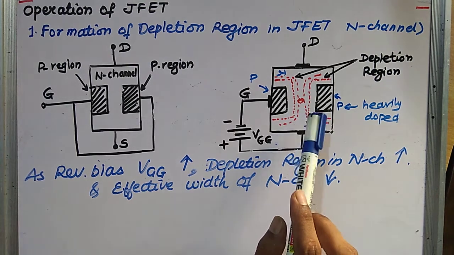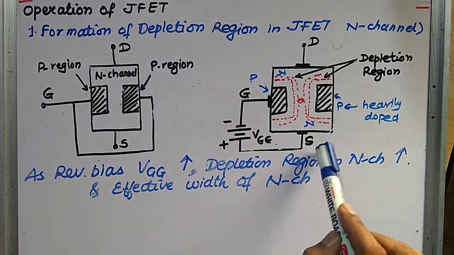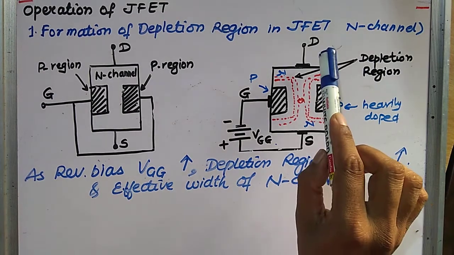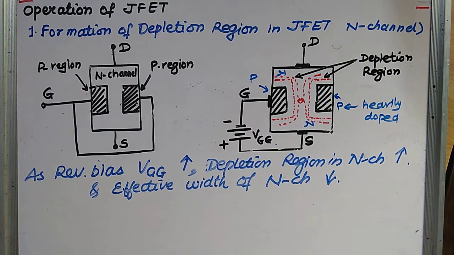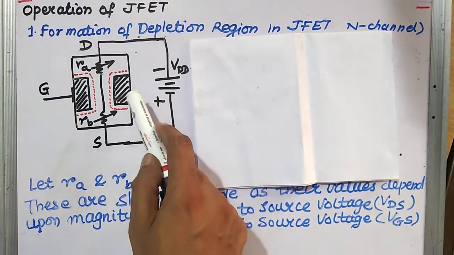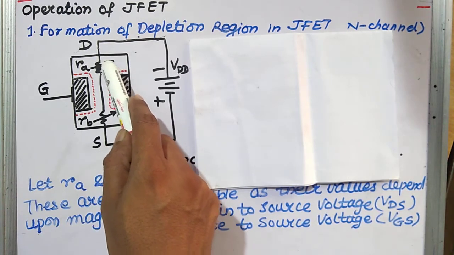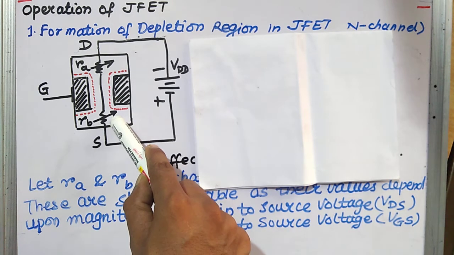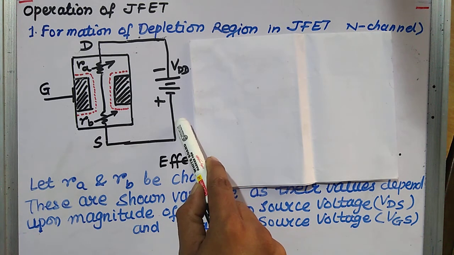The width of the depletion region that is increasing in the N channel can also be achieved by applying a voltage across the drain to source terminal. Now let us see how the depletion region changes by applying the voltage across the drain to source terminal. For that we will draw the next diagram. The values of resistances Ra and Rb depend upon the magnitude of the drain to source voltage.